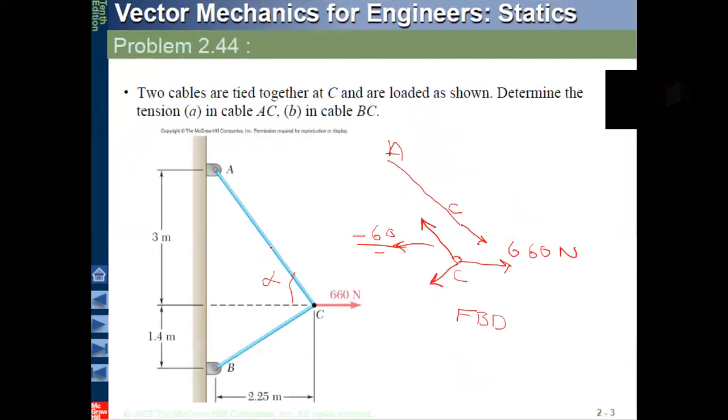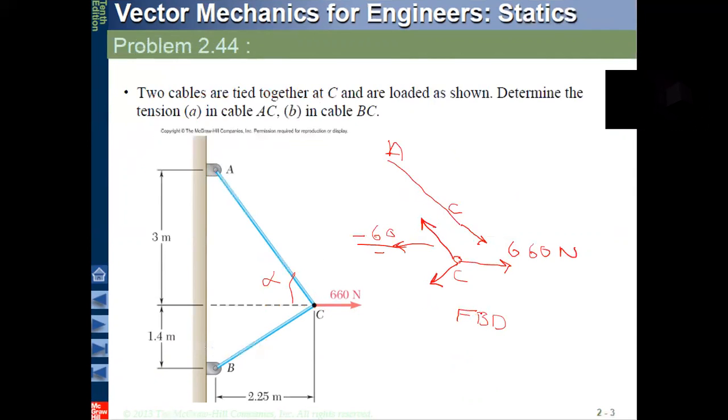For example, you're going to do that in this example. We have two cables, AC and BC, and we have a horizontal force of 660 Newton imposed on point C.